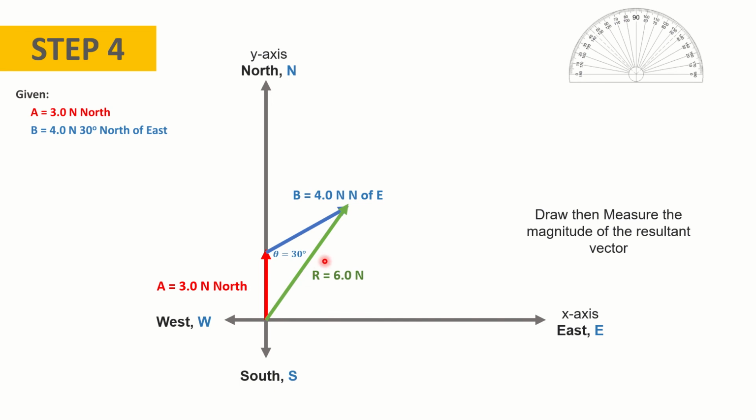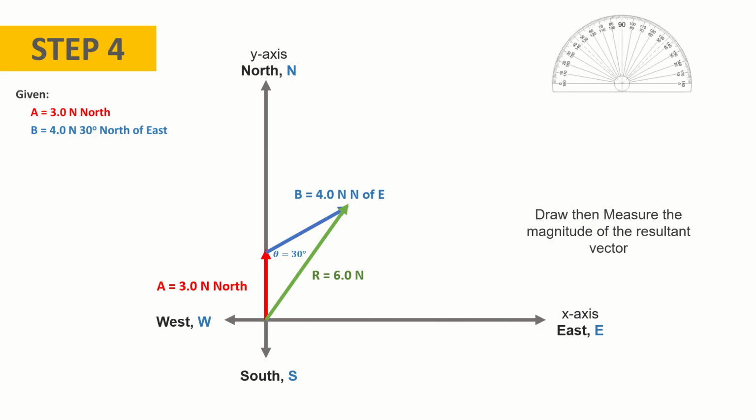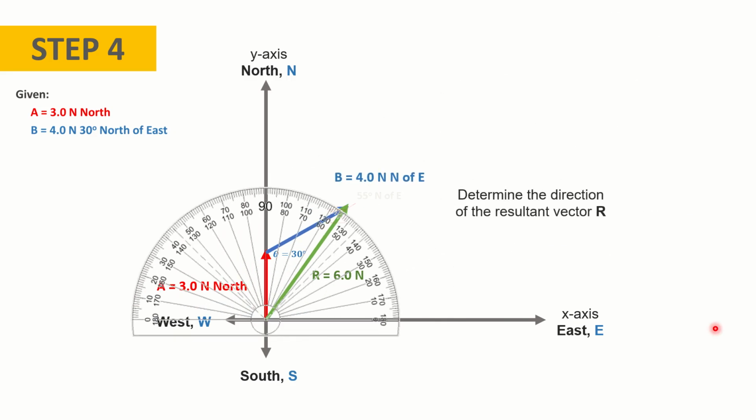So what is now the direction of our resultant vector? To determine the direction, we need to measure the angle of this vector with respect to the east line. Let us use again our protractor and measure the angle of the resultant vector with respect to our east line.